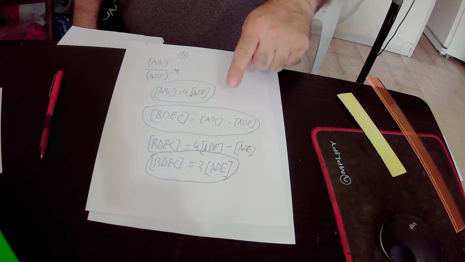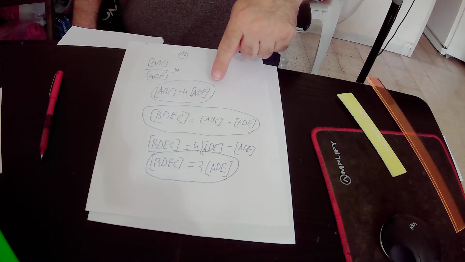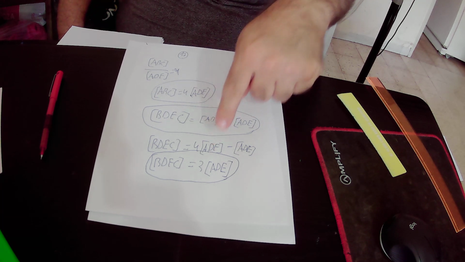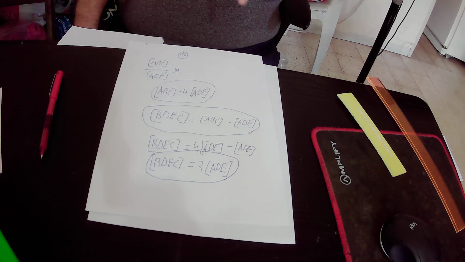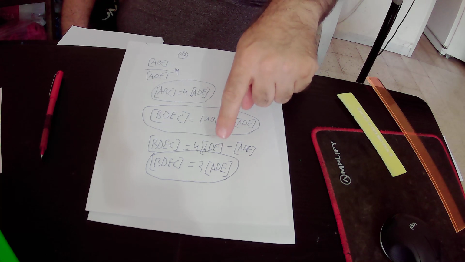But we have already found that the area of triangle ABC equals 4 times the area of triangle ADE, so we can substitute the area of triangle ABC by 4 times the area of triangle ADE. And 4 times the area of triangle ADE minus 1 times the area of triangle ADE equals 3 times the area of triangle ADE.